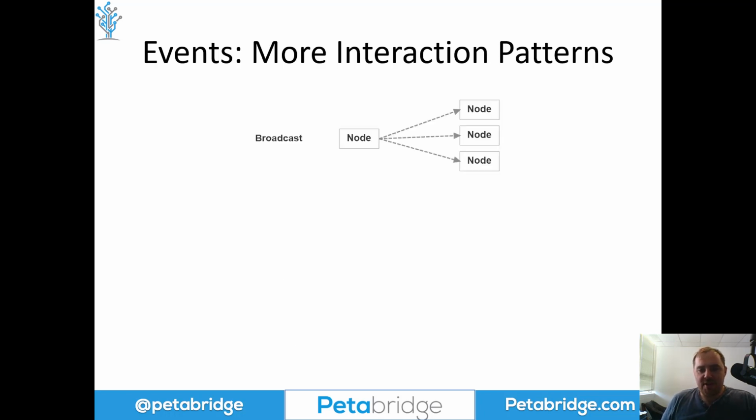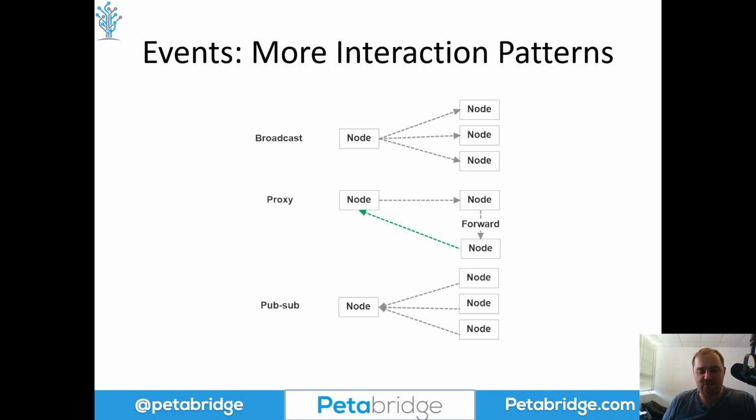Now, in terms of some of the interaction patterns, I've given some examples here. This is from some of our typical Akka.NET presentations of different ways you can interact between different objects, or possibly even different services, inside an event-driven system. You have a broadcast style where one node emits an event via fire-and-forget messaging to many others. You have proxying, which is a standard type of delegation pattern.